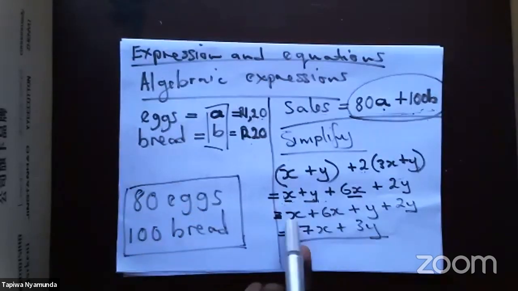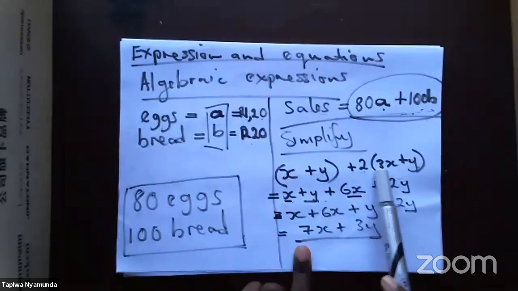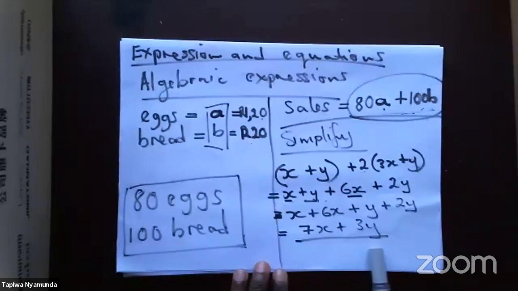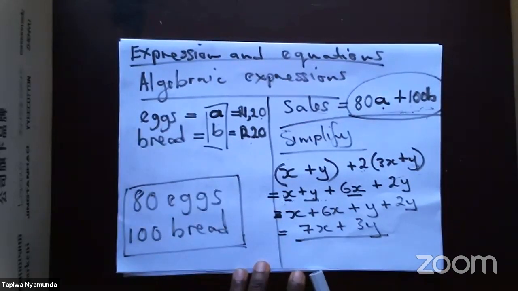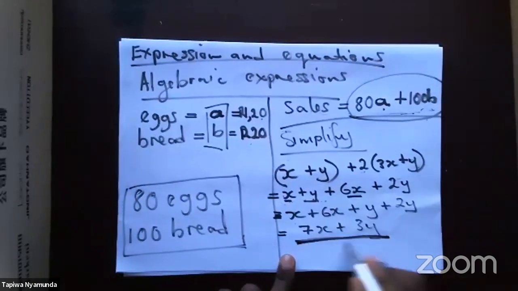Did I mess up something? I have x plus y here, I have 6x, I have 2y. Is everything okay? This looks fine to me. Yes, it is 3y. So this is what we have.